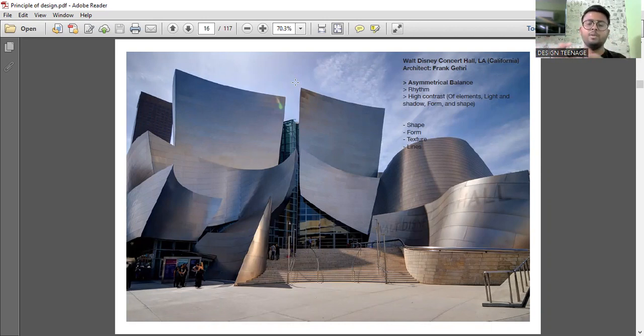When we look at this particular shape, there is a different form, there is a different color. For example, this shape is shiny, this part has glass, and due to the reflection it gives a different aspect. In terms of texture, both structures are different. In terms of line, structures are different. Hence, this is asymmetrically balanced in almost every element that we can look into.